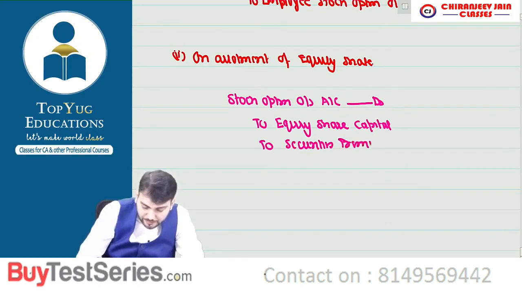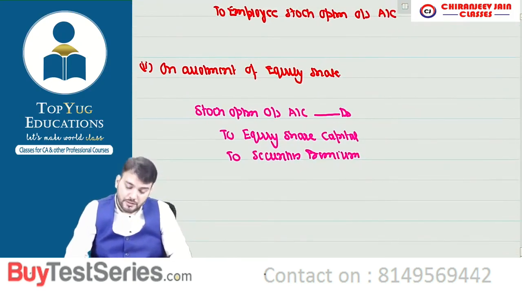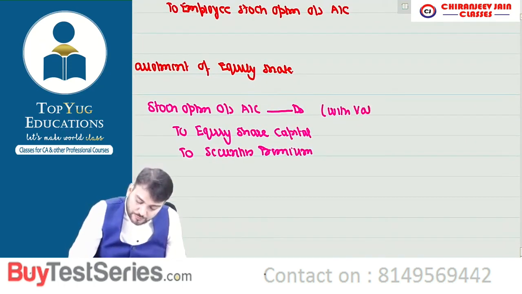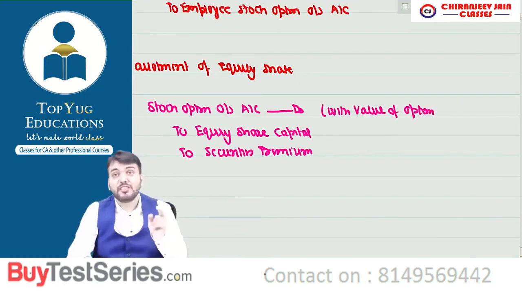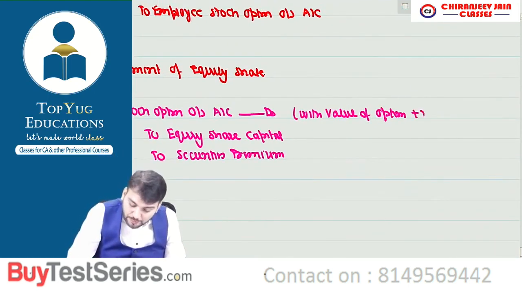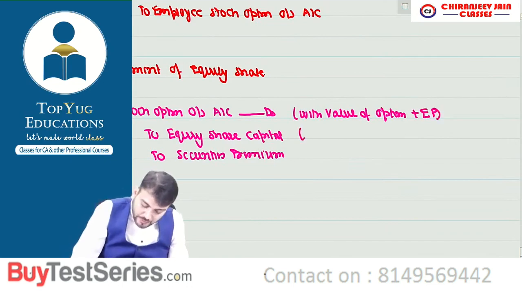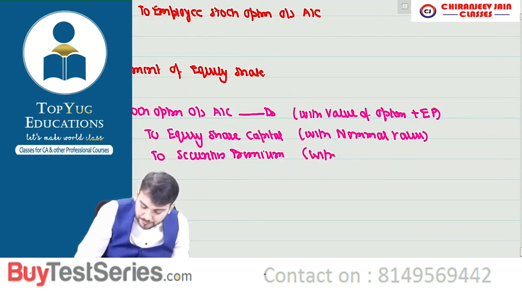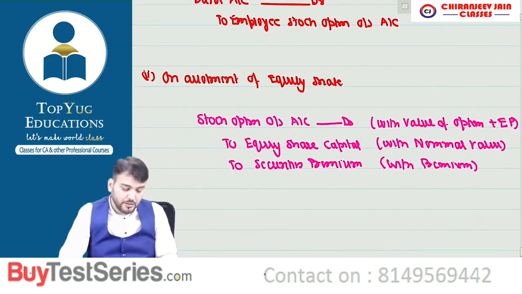This is with the value of option. Whenever I say value of option, it means intrinsic value or fair value. So whatever is taken is value of option plus exercise price. This is with nominal value, and this is with premium. Understood?